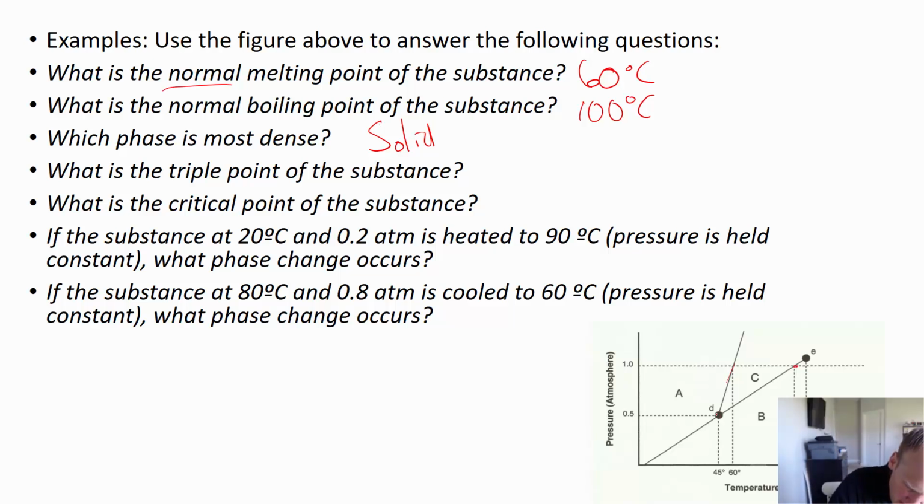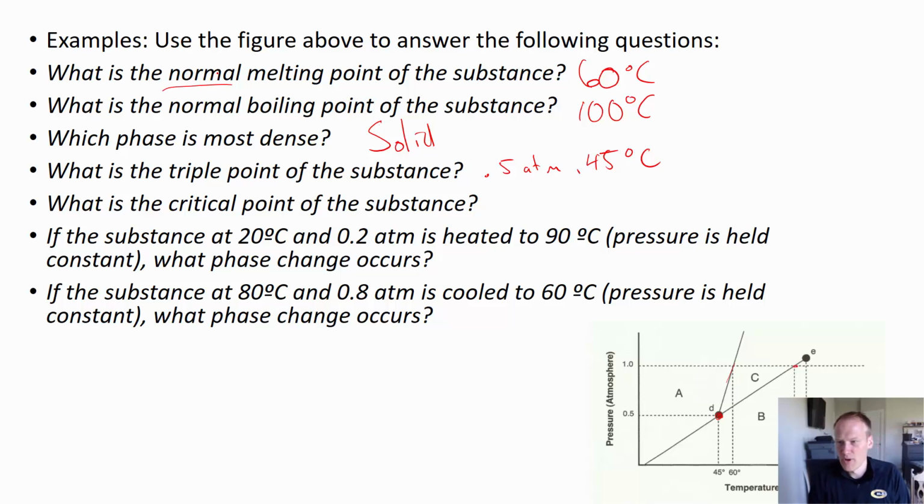What is the triple point? That's the point at which all phases exist, which is here. So we'd have 0.5 atm and 45 degrees Celsius. Notice we can't just say 45 degrees Celsius. With a normal substance, I can just record the temperature because it's assumed that we're at the standard pressure.